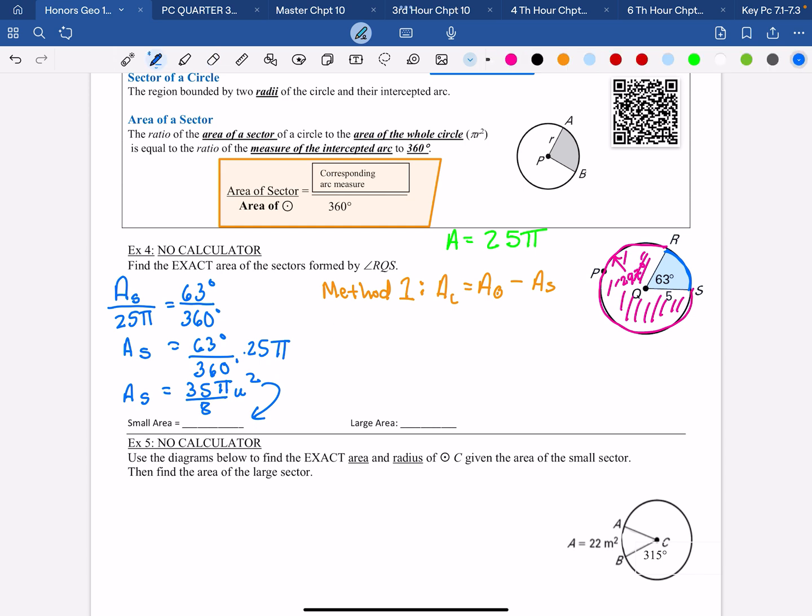All right, so the area of the large one: area large is going to equal the area of the whole circle, which is 25 pi units squared, minus the area of the small, 35 pi divided by 8 units squared.